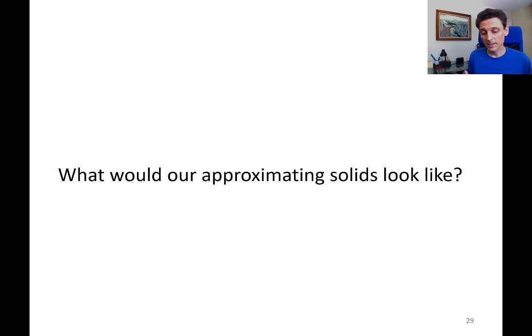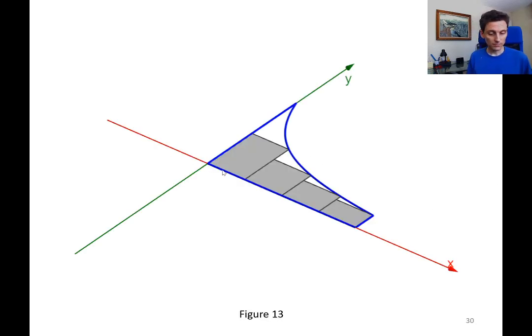Well, to answer that, we can think about what our approximating solids would look like. So let's come back to this 2D version of the region. We'll take that region, we'll break it up into subintervals and then rise up little rectangles above each subinterval.